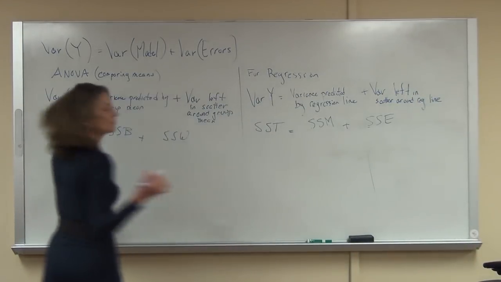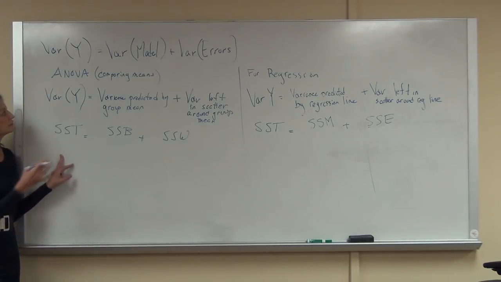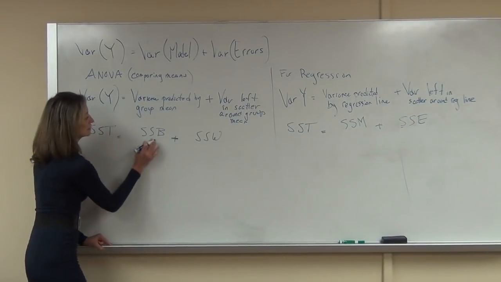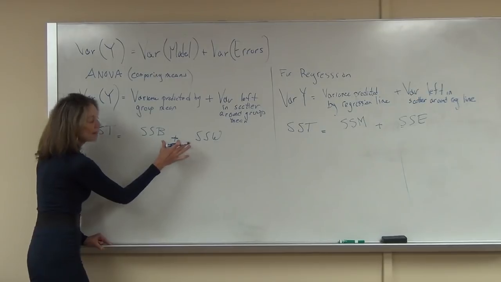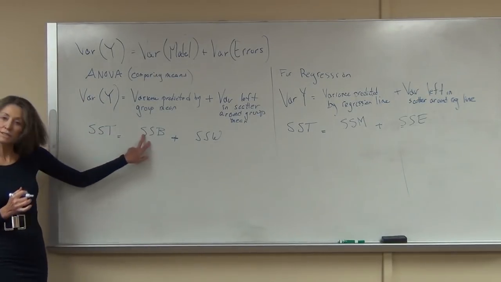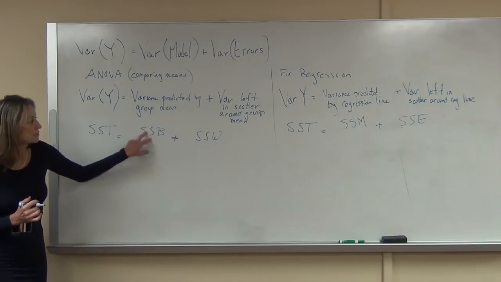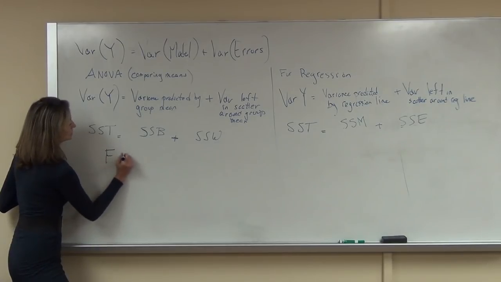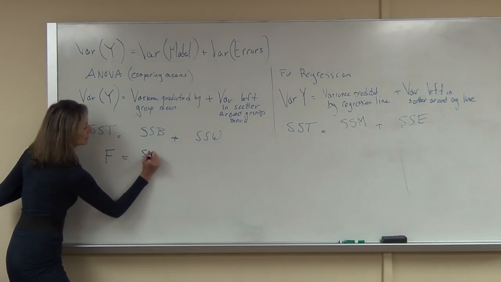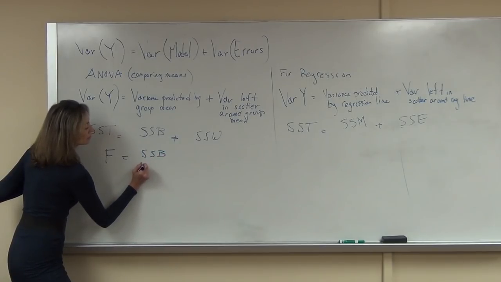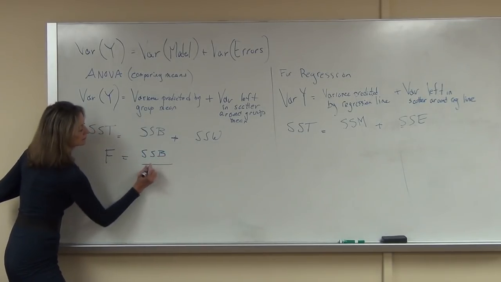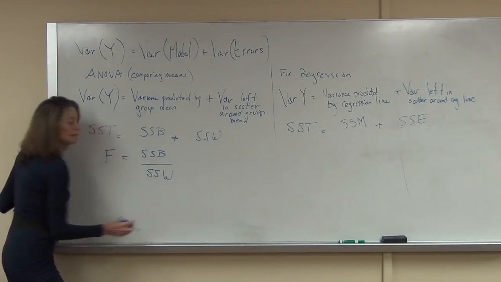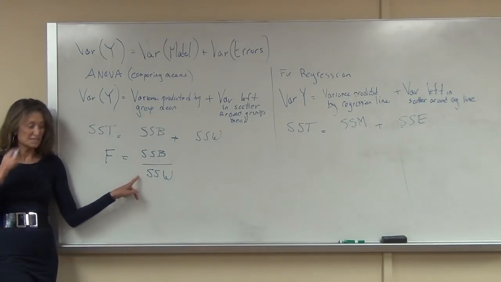Now, what did we do last in comparing means? We looked at a tweaked ratio. This is the strength of the model, and this is sort of the strength of the errors. The F ratio is the ratio of the strength of the model to the strength of these errors, but adjusted by their degrees of freedom.